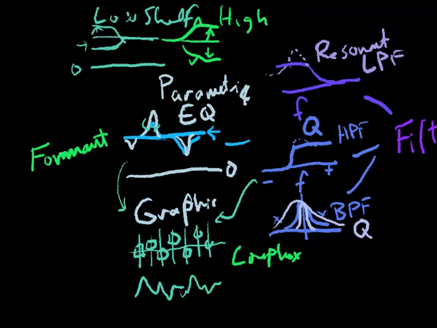That may be modeled after a vocal tract, and so this may introduce certain overtones of resonance, boosts or cuts to a certain signal, and give it a formant quality.